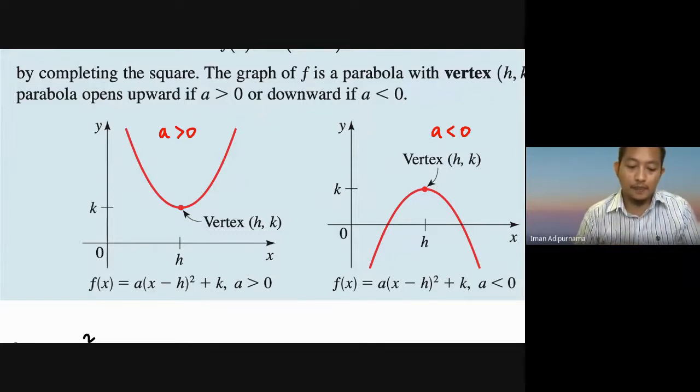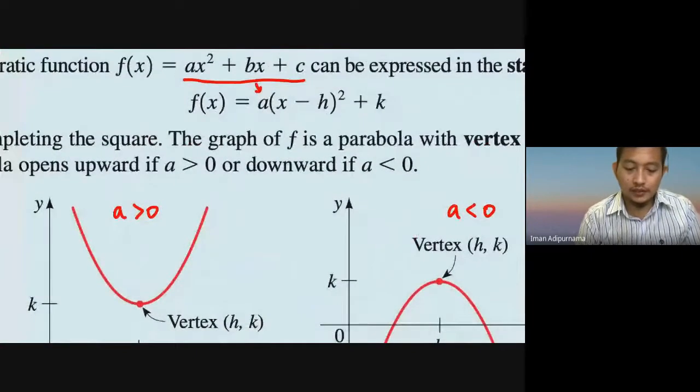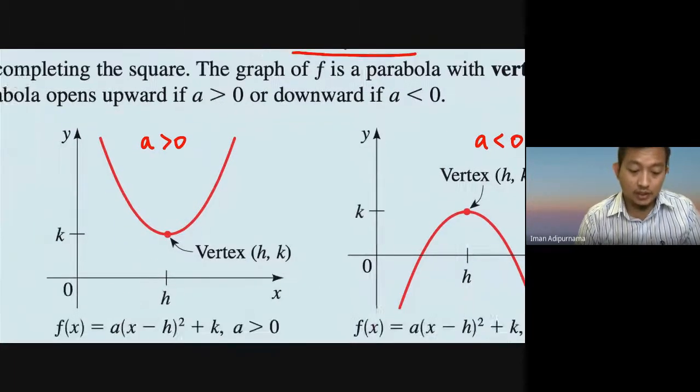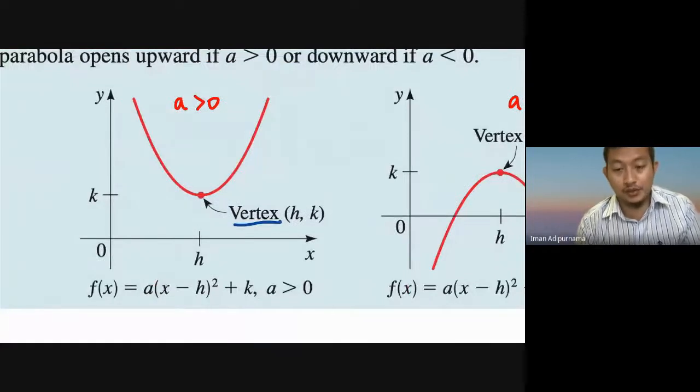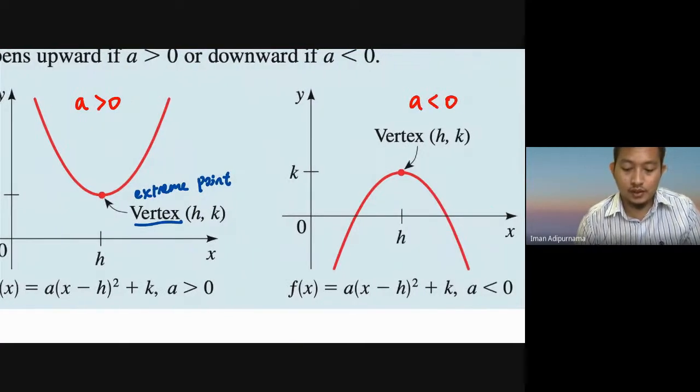And then if we look at this standard form here, we will have numbers h and k, and the h and k will be the vertex or the extreme point. We can say vertex or extreme point, same thing. And this is also the vertex.